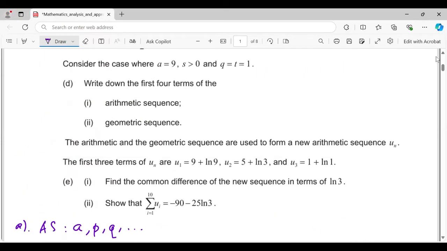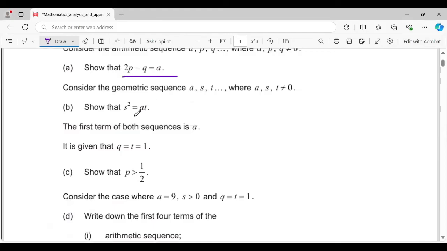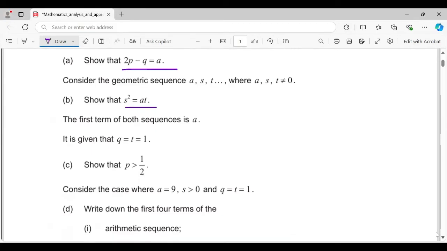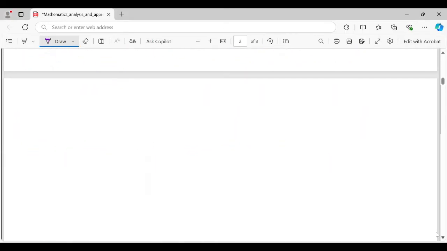A proof that S squared equals AT. The first term of both sequences is A. It is given that Q equals T equals 1. Show that P is greater than half.